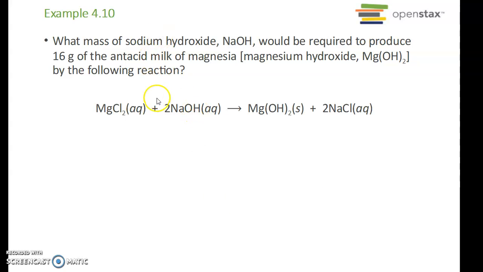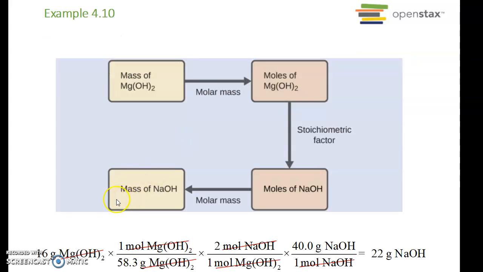What mass of sodium hydroxide is required to produce 16 grams of magnesium hydroxide here? And here what you have is 16. The molecular weight of magnesium hydroxide is 58.3 grams.